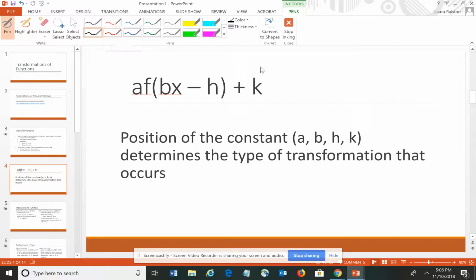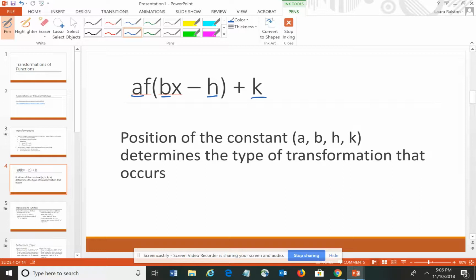And these are pretty standard constants that you'll see. So again, you have 4 constants here: a, b, h, and k. And pretty much they can be any number within our number system. They can be positive, they can be negative, they can be fractions or decimals. And again, the location and the position within the function description identifies which transformation is taking place.